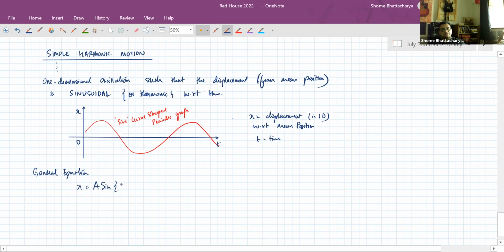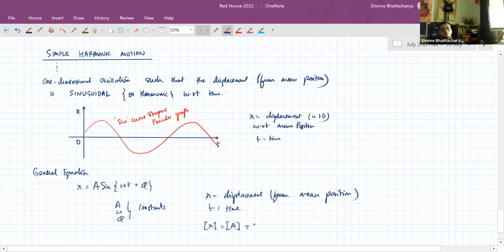Now sine cannot operate on time directly because time has the dimension of capital T. So here capital A, omega and phi are all constants, and x is the displacement from the mean position, and t is time. You can see that dimensionally x has the same dimension as capital A, which is length.